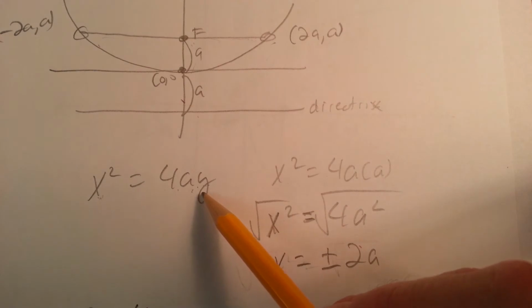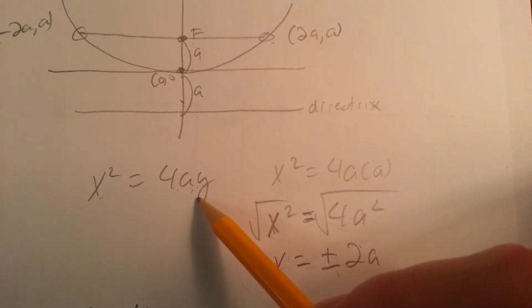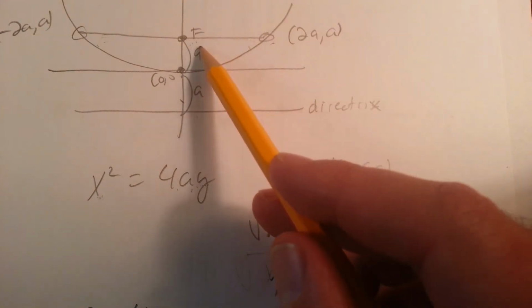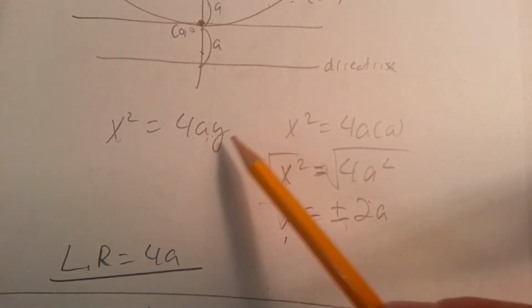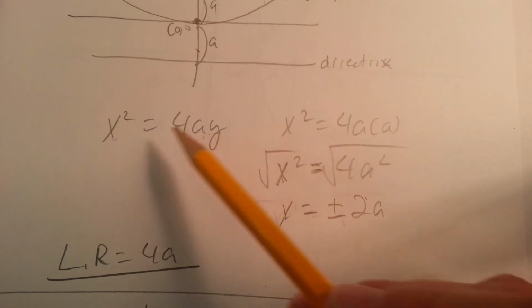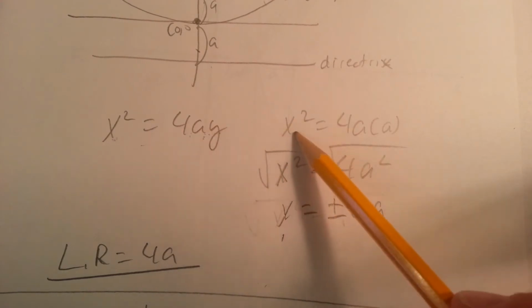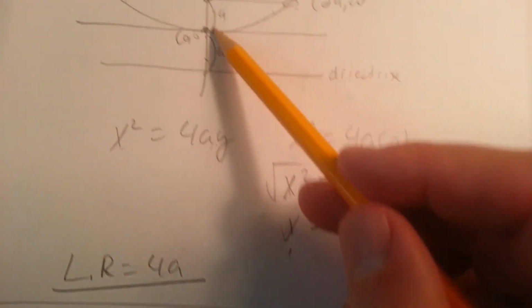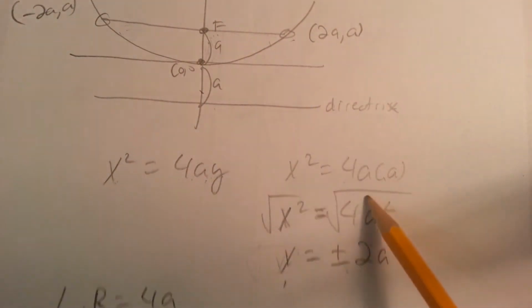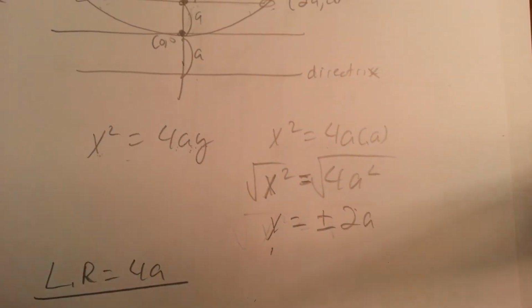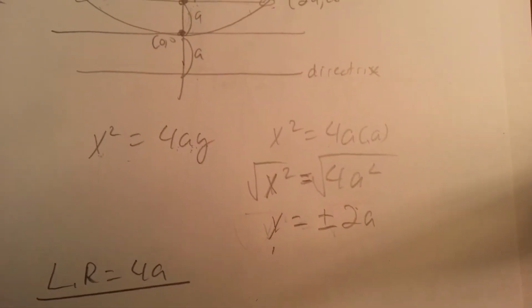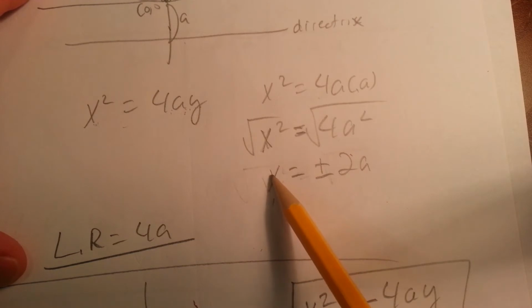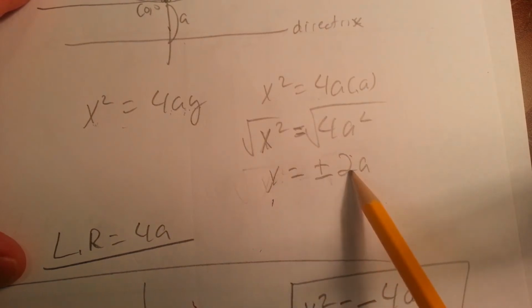To get what my x components are here, I'm just going to plug in a for y. So x squared equals 4ay becomes x squared equals 4a times a, right? This is my y component. Well, that's 4a squared. So if I square root both sides, my x component is plus or minus 2a.